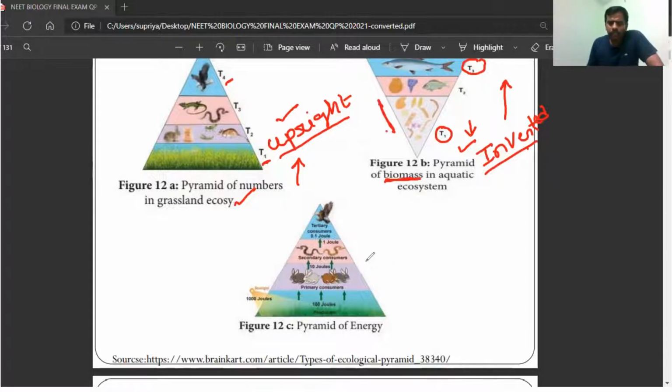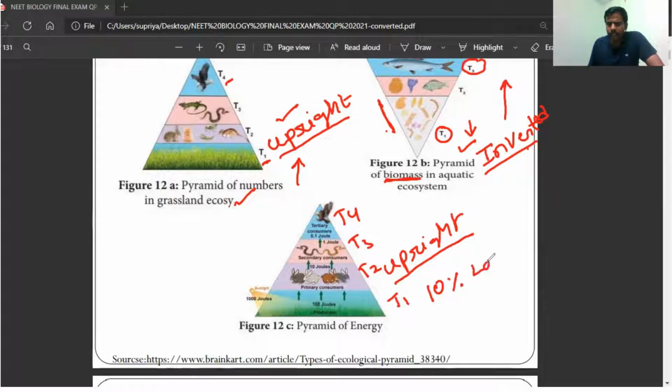Now see the pyramid of energy in any type of ecosystem. The pyramid of energy in any type of ecosystem is upright, whether it is grassland or aquatic. From trophic level 1 to trophic level 4, there is a 10% law.